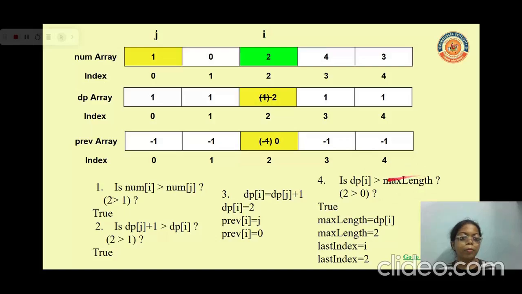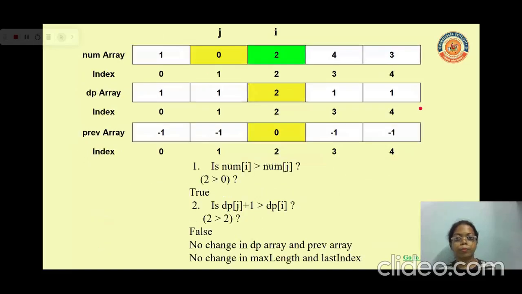Previously I initialized it to 0, considering there was no LIS present. So here we can clearly see that 2 is greater than 0. So we will update it, and the last index at which I actually found an LIS was 2, so we will update it with 2.